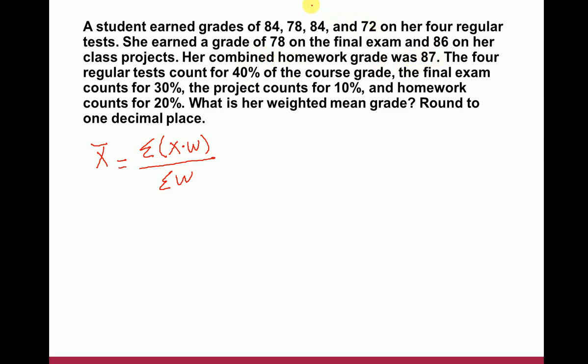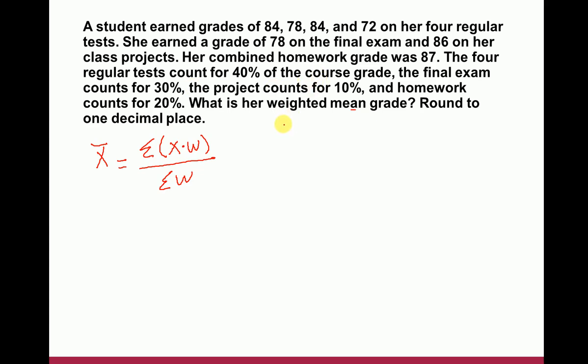Now these 4 tests will count for 40% of the whole rate. The final exam is 30%, the projects is 10%, and the homework is 20%. Now we want to ask for her weighted mean rate and round this to 1 decimal place.